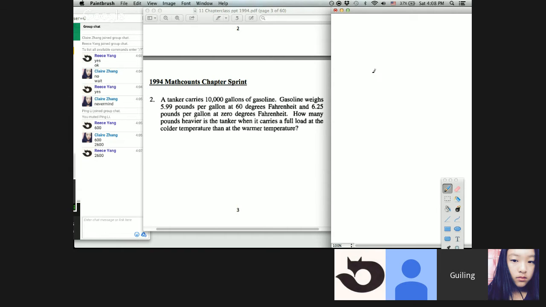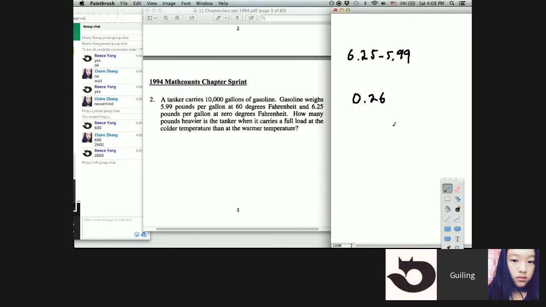Or you can see that for every gallon of gasoline, there's a difference of 6.25 minus 5.99. So this is the number of pounds of difference between every gallon. So you see that every gallon weighs more by 0.26. And then you can just multiply that by 10,000. Just a little bit easier.